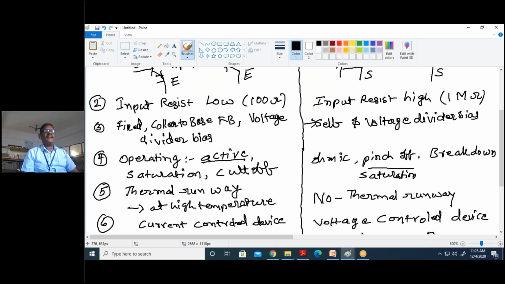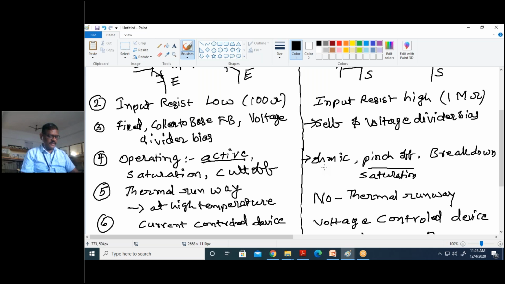In JFET, operating in saturation region, but it has three regions: ohmic region, pinch off region, breakdown region.